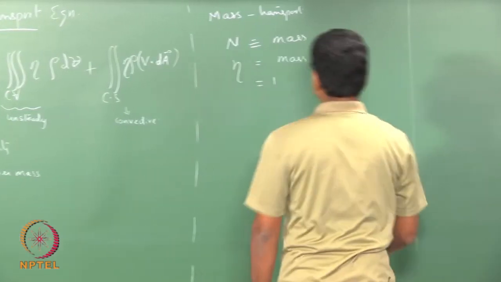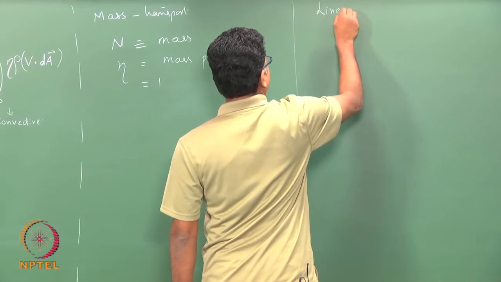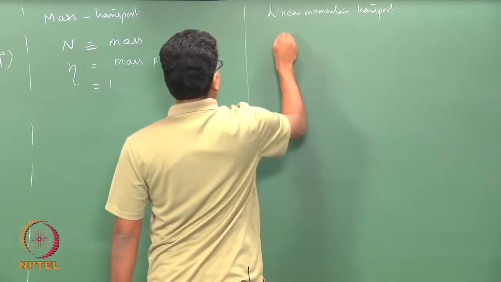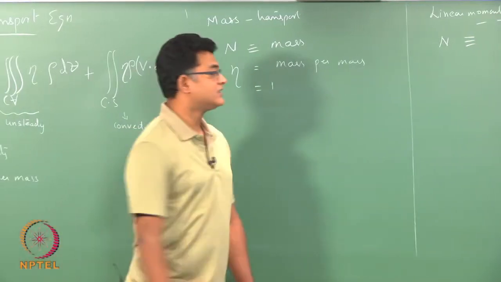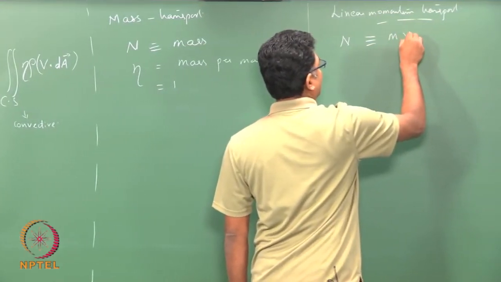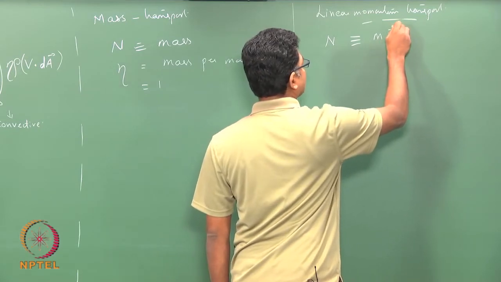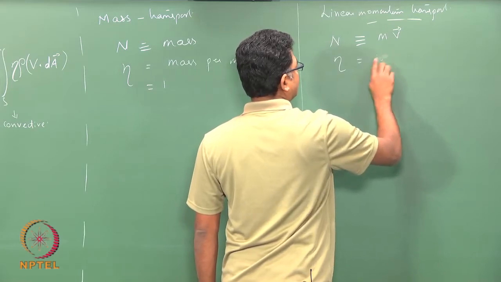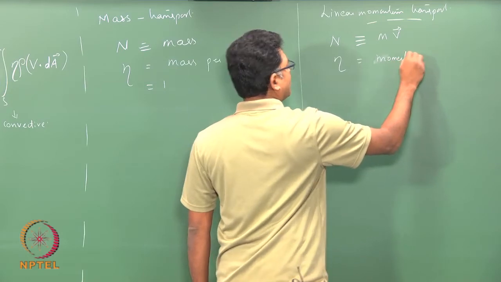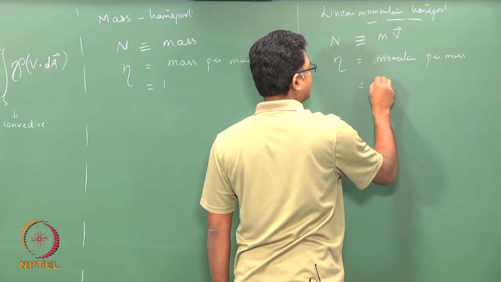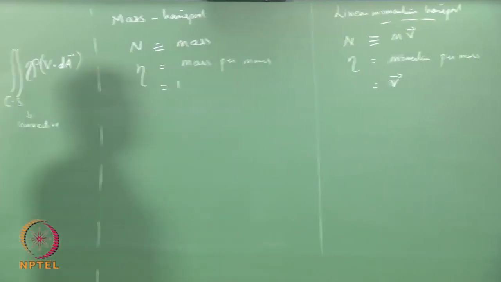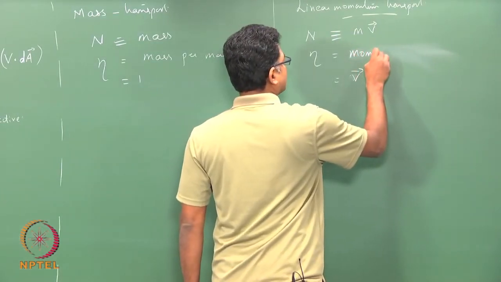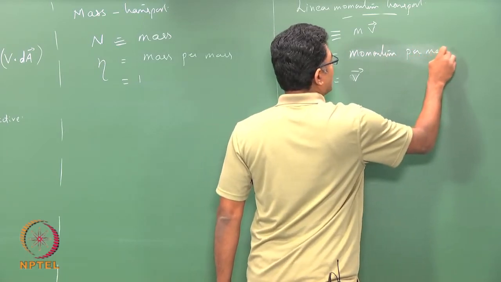Now, if you are trying to find linear momentum, N is the linear momentum, which is m into V, V is the velocity, and eta would be momentum per unit mass, which is V. So, this is per mass.